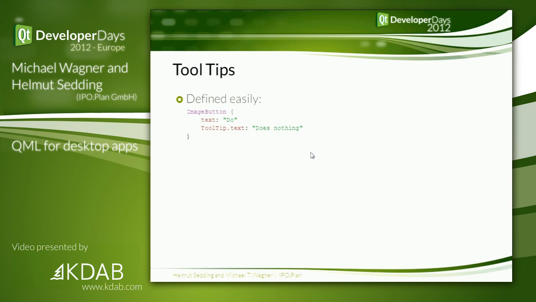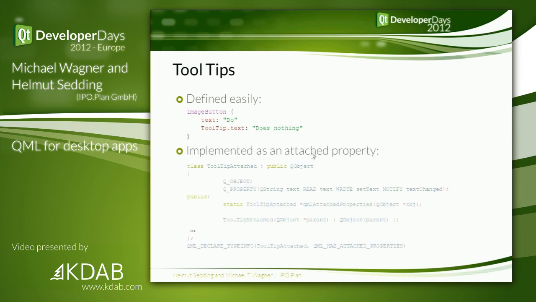Basically we implemented this as an attached property. So by setting this line, a new object is created, which is hung as a child onto the button object. So we have a tooltip attached object, which takes the button as a parent. And then you get the text property, where you can easily assign the text.